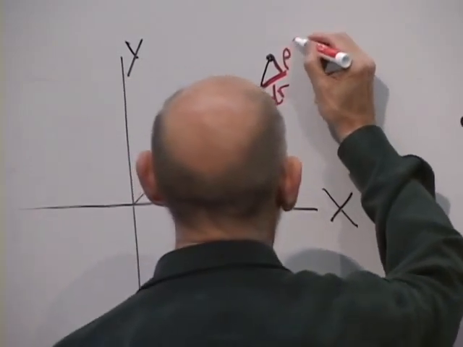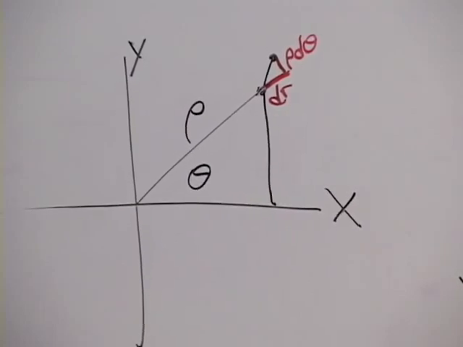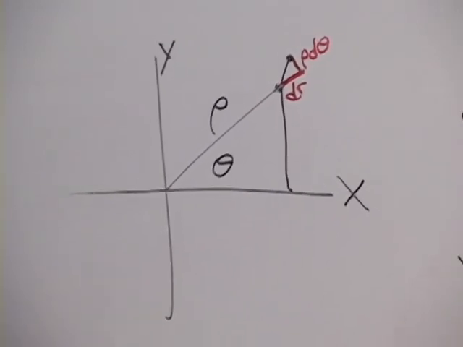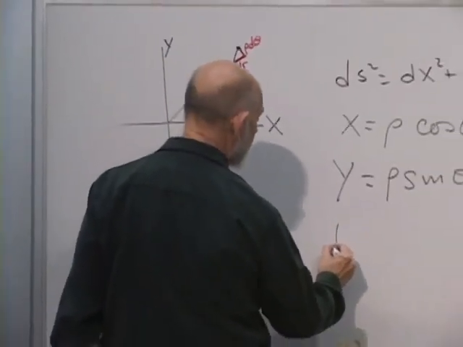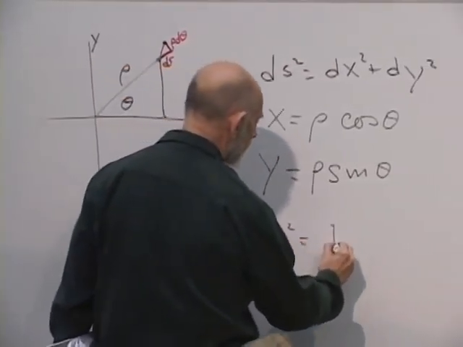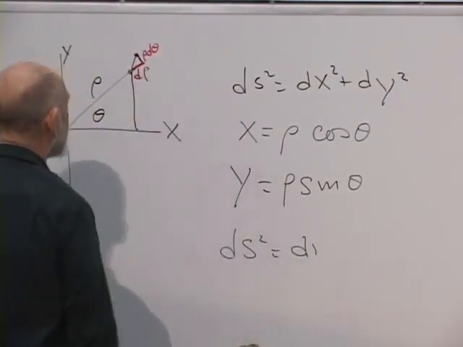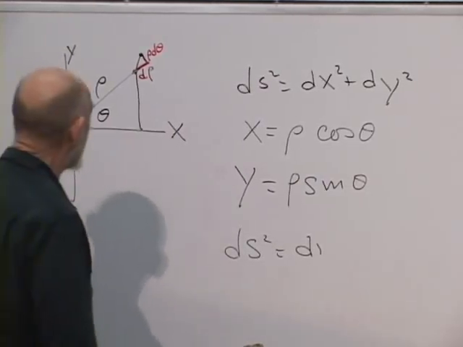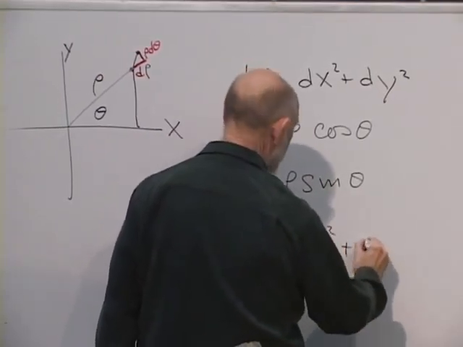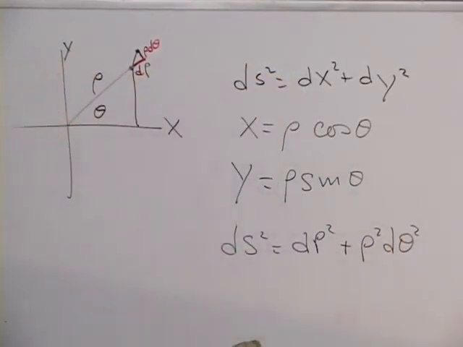The further away you are, the bigger a given d theta corresponds to, so that's rho d theta. So now, can you write down what the metric is? Sure you can. ds squared is equal to d rho squared. Sorry, this is d rho, not the r. I told you we save r for over there. d rho squared plus rho squared d theta squared. That's the metric in polar coordinates.